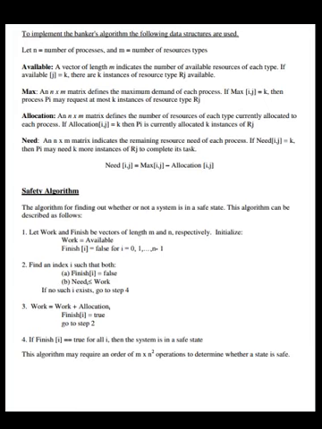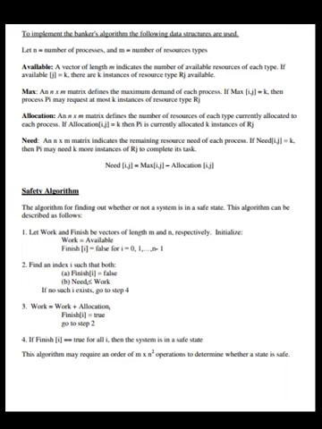Max is an n x m matrix that defines the maximum demand of each process. If Max[i][j] equals k, then process Pi may request at most k instances of resource type Rj. Allocation is an n x m matrix that defines the number of resources of each type currently allocated to each process.